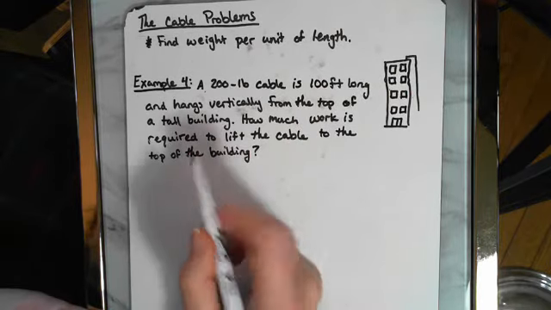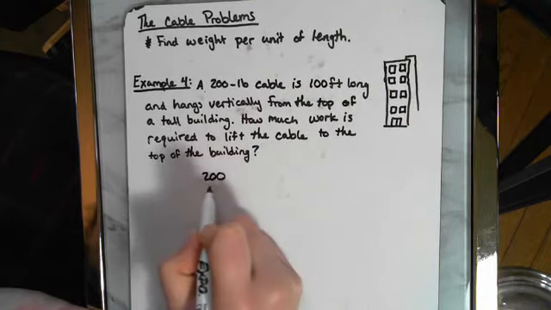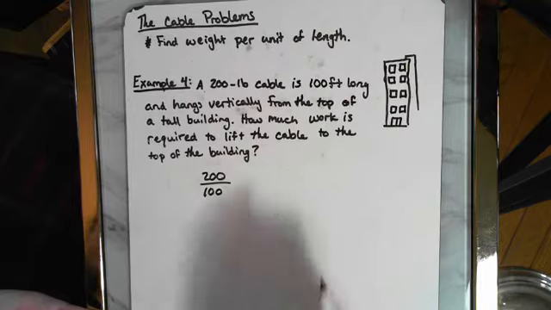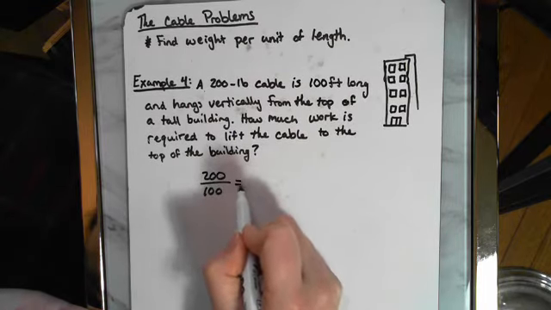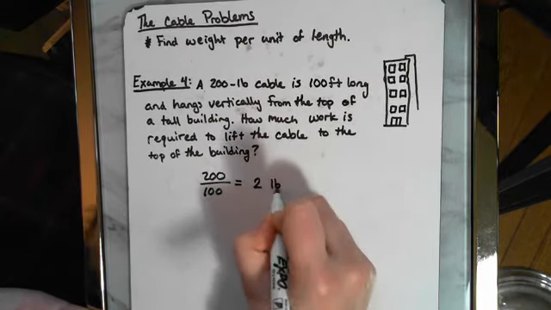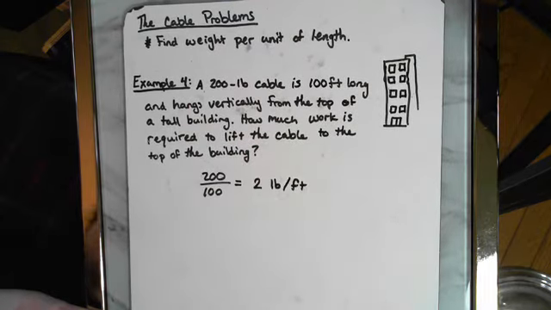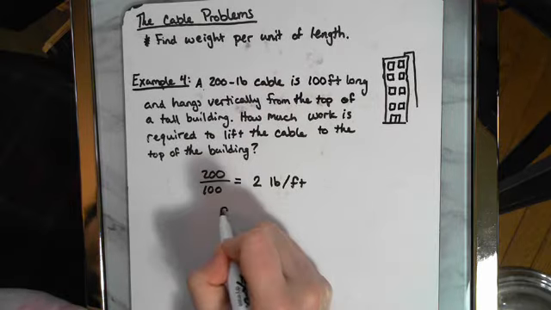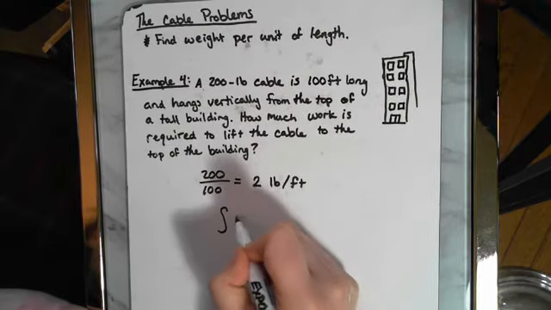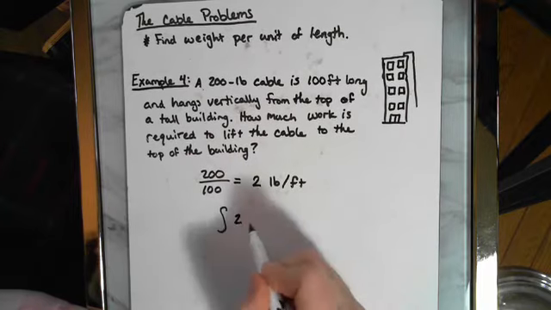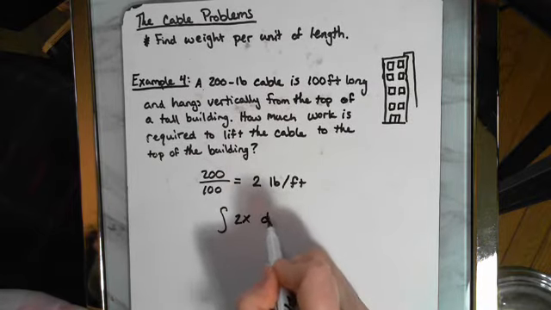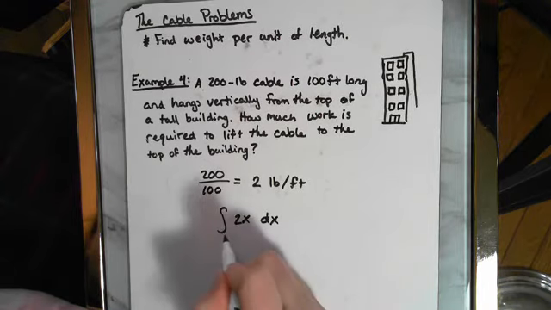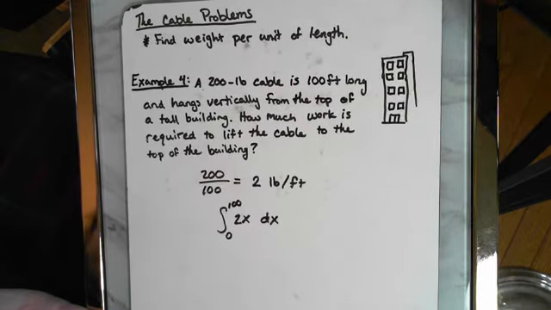Okay, so I have 200 pounds for every 100 feet. And I just need to divide this to find the weight per unit of length. So this equals 2 pounds per foot. Okay, so now I'm going to set up my integral. In my integral, I have 2, okay, times the length, dx, and I'm reeling the entire cable in, so it's from 0 to 100.